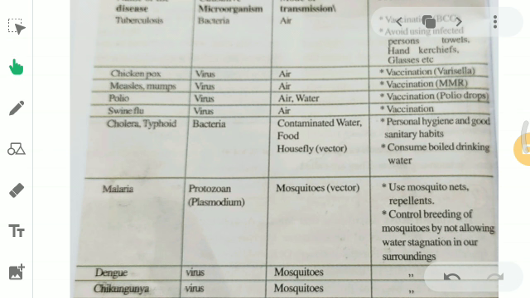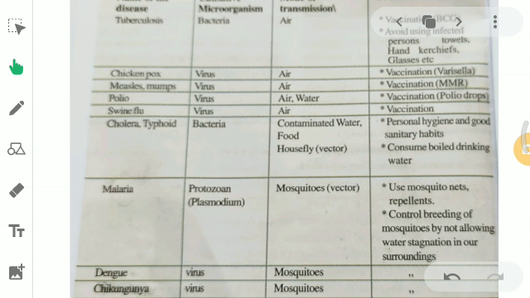In the previous class I said that the textbook gives a table of some common diseases caused by microorganisms in humans. I hope you all studied it. Depending on the table, some questions are given here. What diseases can be prevented if we control mosquitoes?